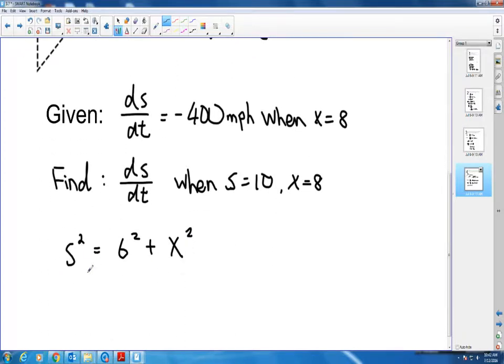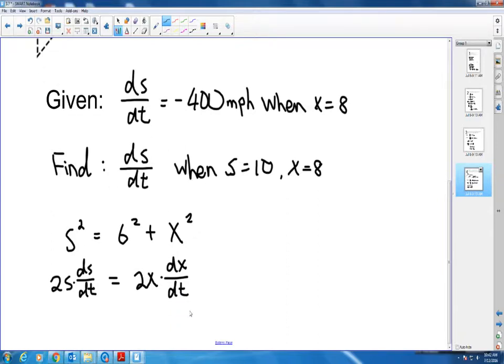Let's take a derivative in respect to time, so that will be 2s times ds dt is equal to 36, which will become 0, plus the derivative of x squared in respect to time, which is 2x times dx dt.